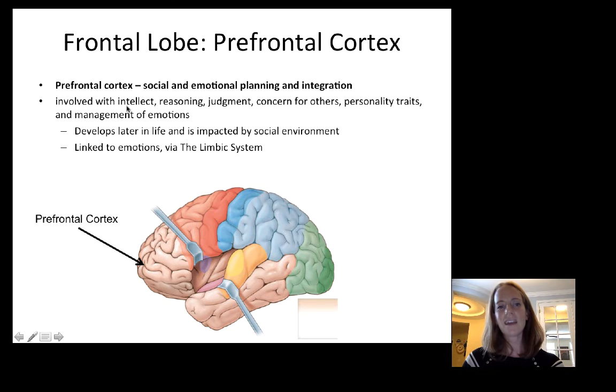So this area is involved with intellect, reasoning, judgment, concern for others, personality traits, and management of emotions. It develops much later in life and is impacted very much by social environment. It's very tightly linked to emotions and the limbic system, which I'll show you guys in a bit.